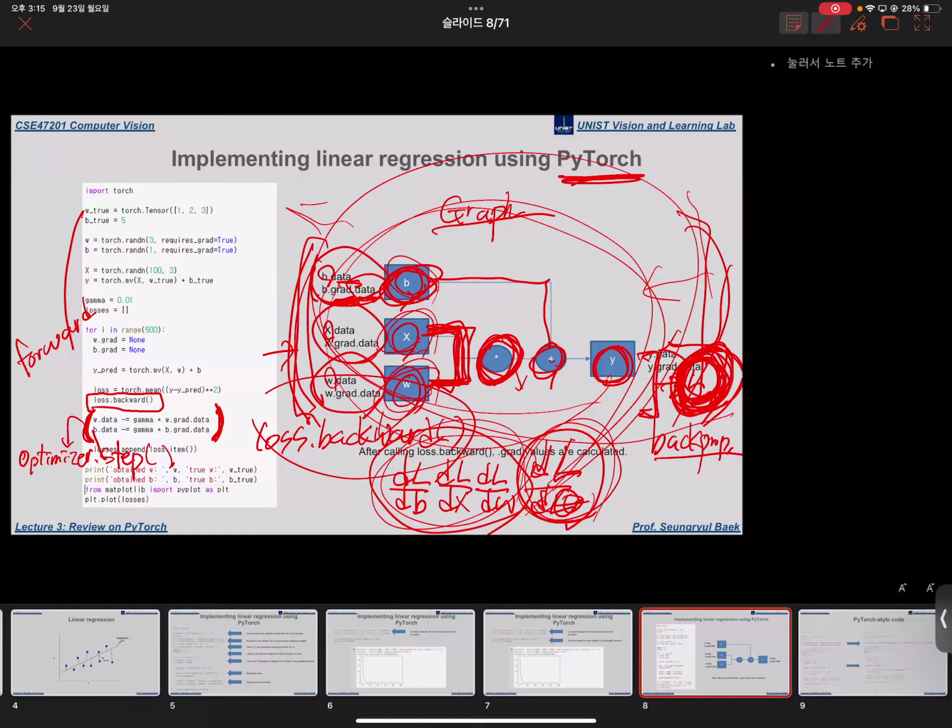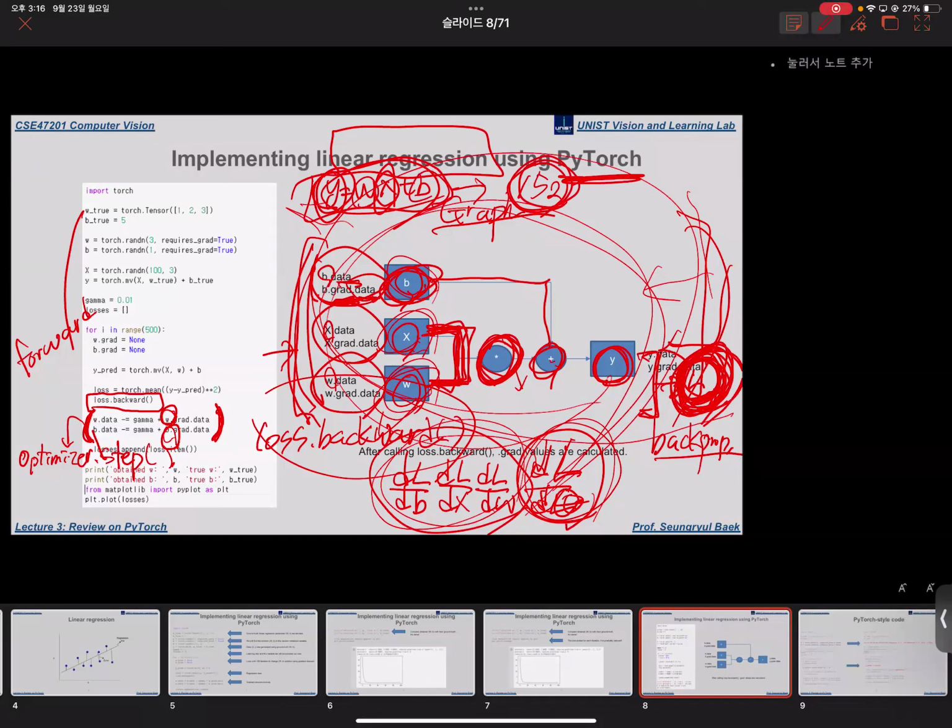Deep architectures have many parameters because they have many layers, so specifying individual parameters like W and B is tedious. If this linear regression has just one layer, with just this formula to get the output from the input X, it is very simple to implement. But if you have 152 layers, then there are many parameters you have to specify.